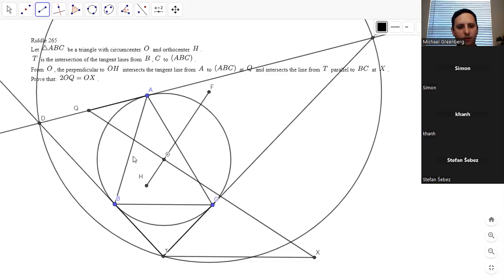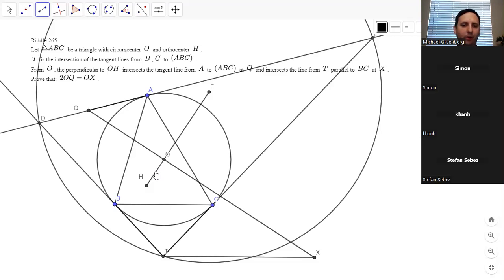Whenever you invert and one circle goes to another, their centers stay collinear with the center of inversion. So basically the circumcenter of DTE, the nine-point center of ABC, and O are collinear. And that's it.